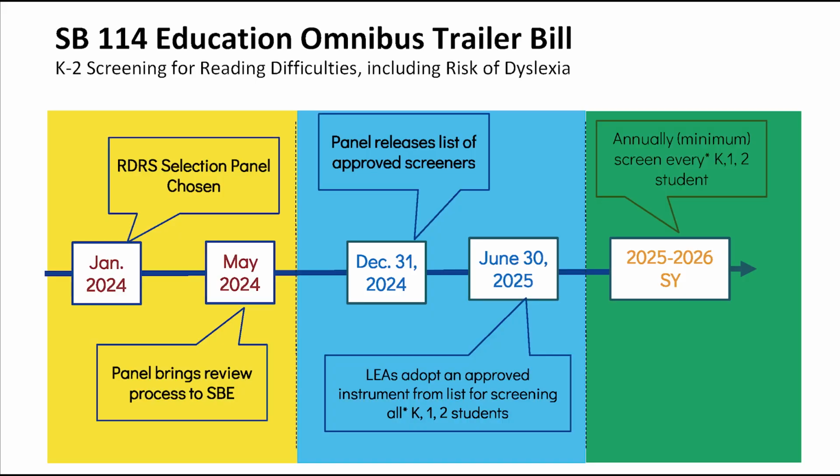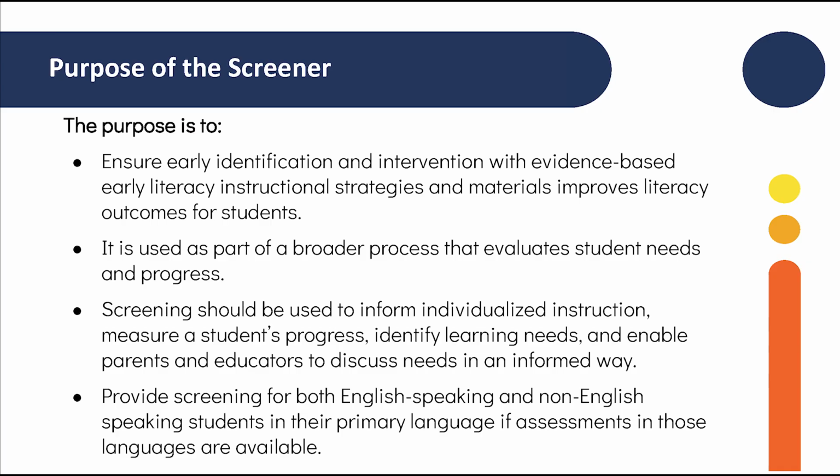I'm sure you guys know where we stand, right? In June of 2025, you guys, or your LEAs, adopted your screening tools, and this school year and thereafter in perpetuity, we're going to be screening the students for reading risk. And again, the purpose of the screener is early identification of reading challenges and supporting the students based on their needs.